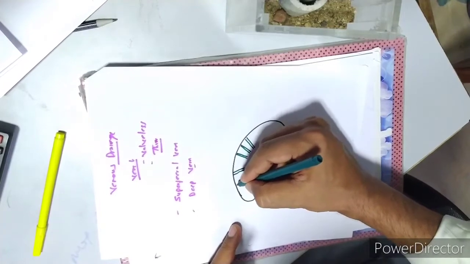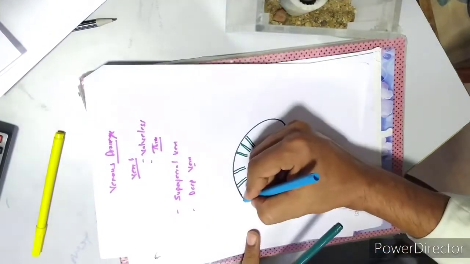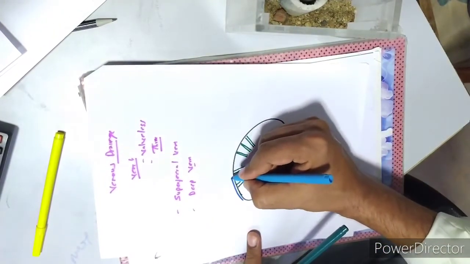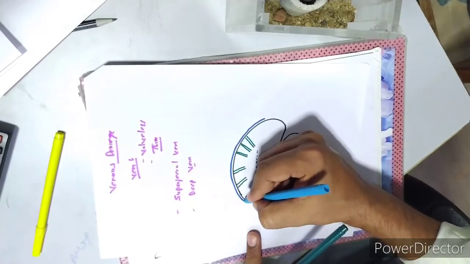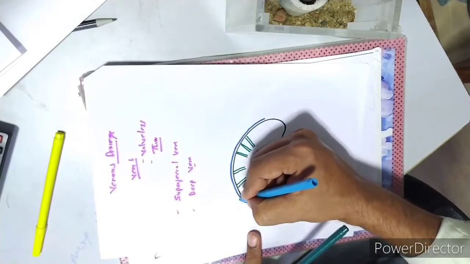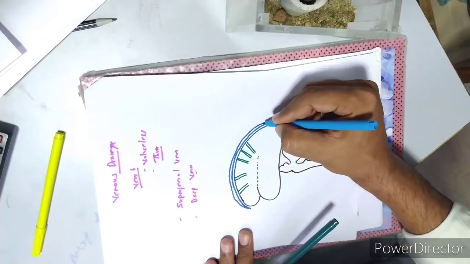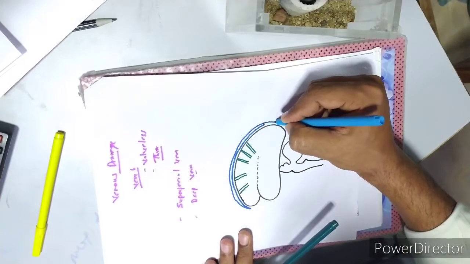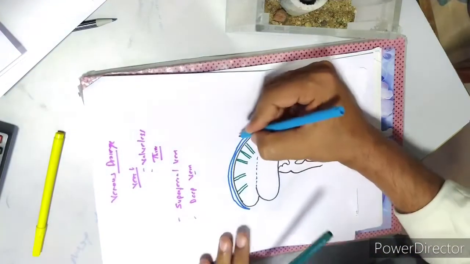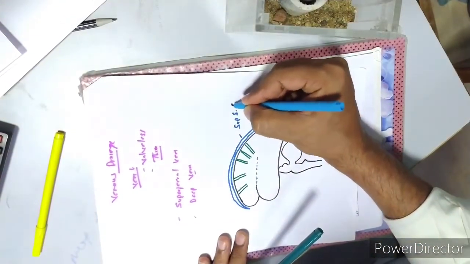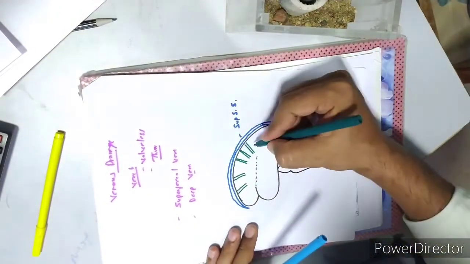So these are the superficial cerebral veins, and this is the superior sagittal sinus, where the superficial cerebral vein directly enters into the superior sagittal sinus here.